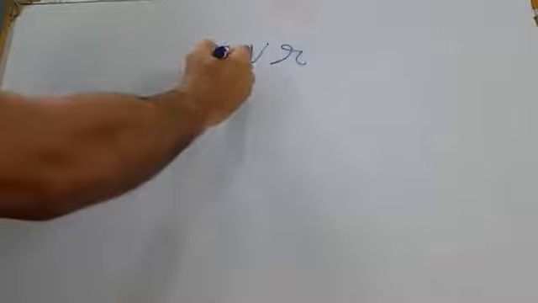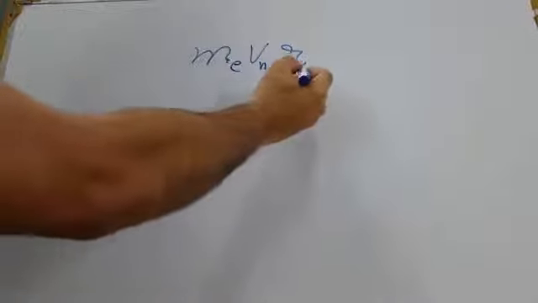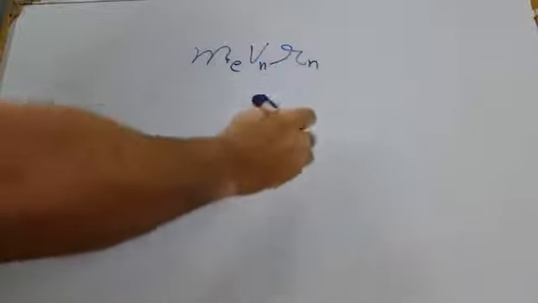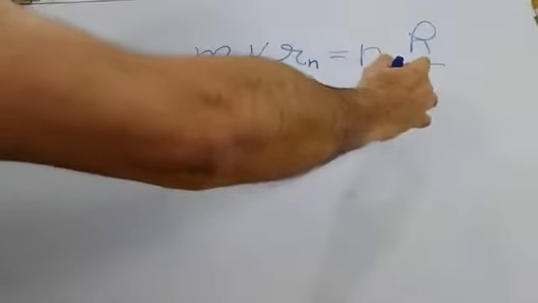I told you that the main postulate of Bohr was that the angular momentum, means m v r, or we can say mass of electron, velocity in nth orbit and radius of nth orbit, in any orbit is a whole number multiple of h upon 2 pi.